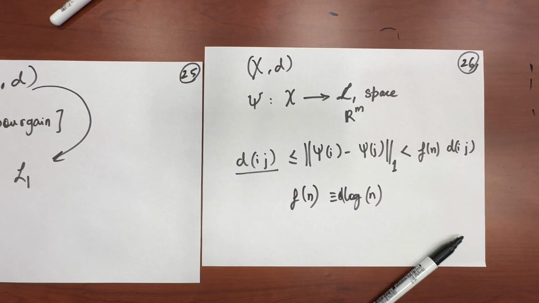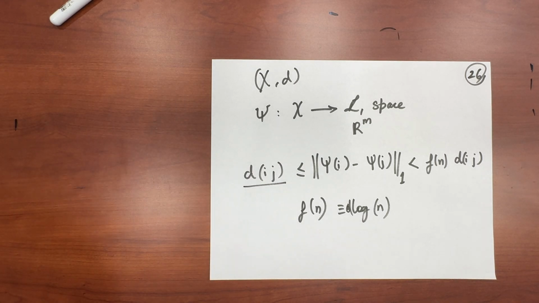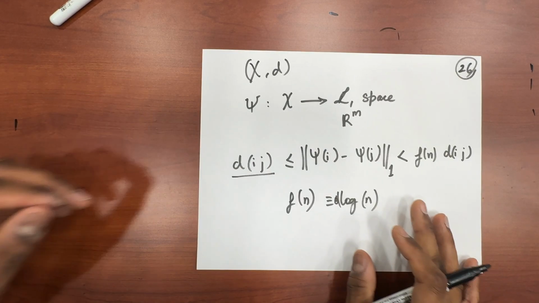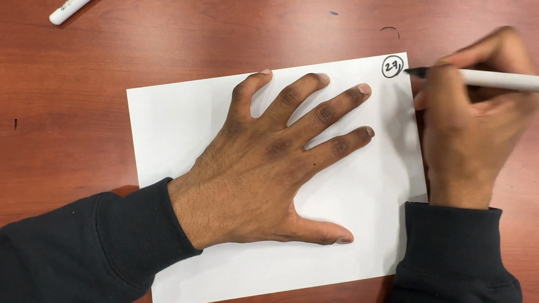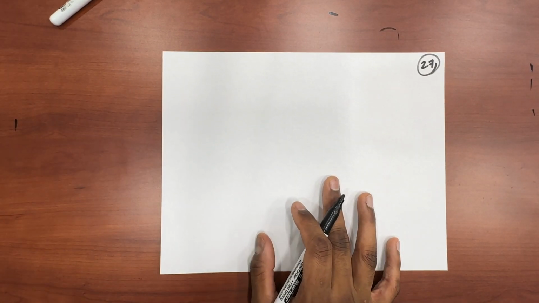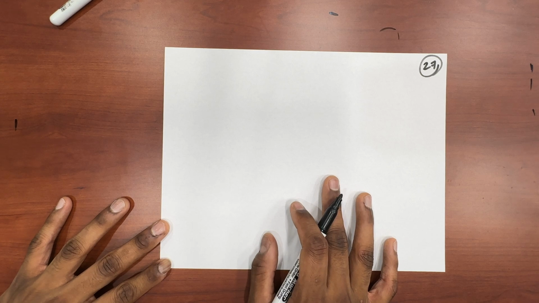The point is that obviously you will incur some distortion when you embed any arbitrary metric into an L1 metric, but that distortion will not be too bad. It will only be logarithmic, and we don't have any respect for the log function because it's almost a flat line. But log n is 100, let's say, for all intents and purposes. It cannot be more than 100.